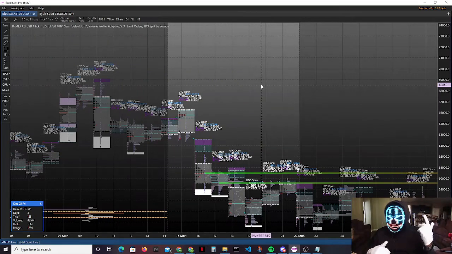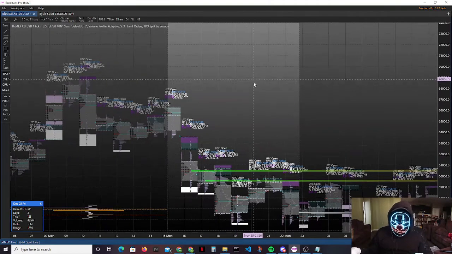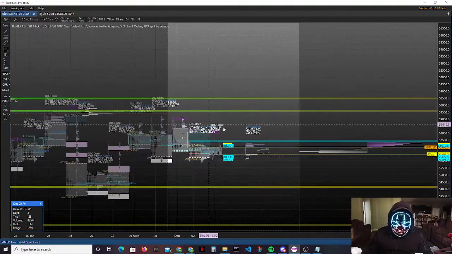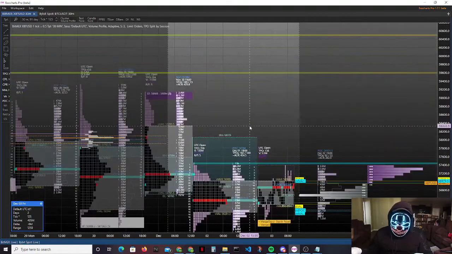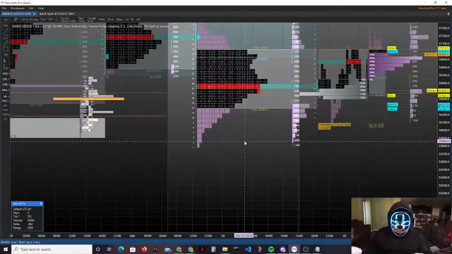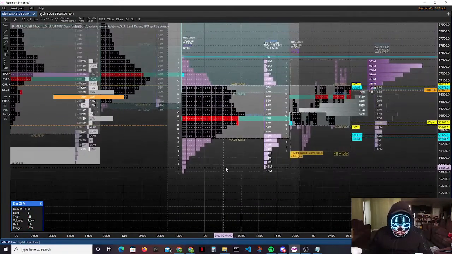So 2 TPOs is an hour, 4 TPOs is 2 hours, math, and so on. So back to a TPO. TPO is just another way of saying market profile, in case anybody didn't know. But this is the market profile.